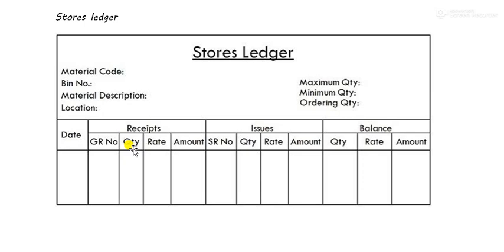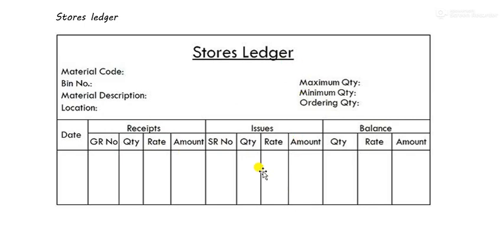Units or quantity mean the same thing. And at what price? At 100 rupees per unit. Keep it in mind, the rate recorded here is rate per unit. And the amount means quantity into rate, so we write the amount here.